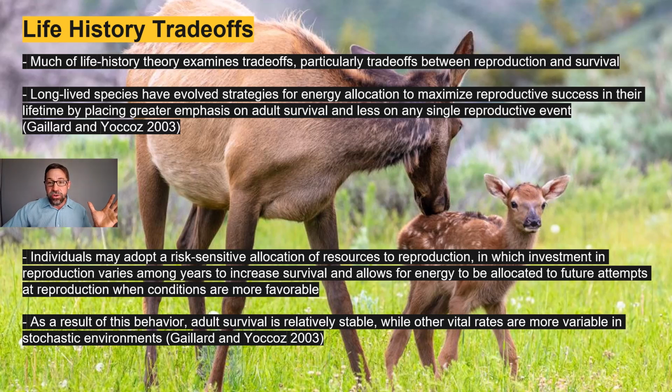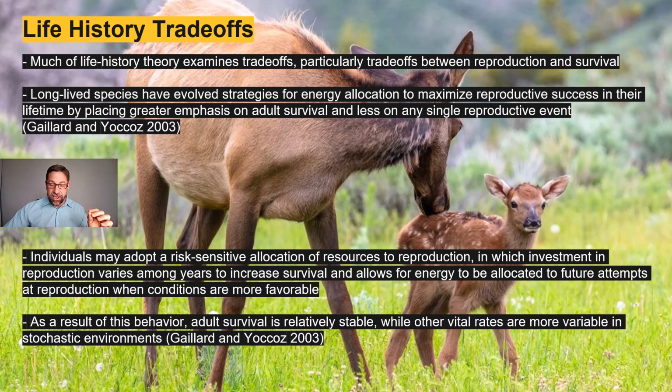So in other words, maybe we hold off on reproduction at this moment because conditions aren't really good. We focus on our own survival and we invest in reproduction later in life when conditions are more favorable. Of course, this isn't a conscious thought process. Mammals aren't doing any family planning. But this is the underlying selection that's occurring.